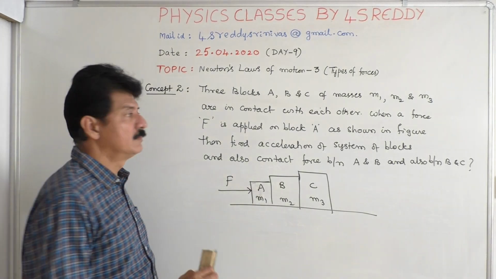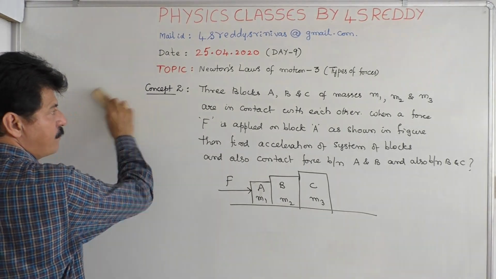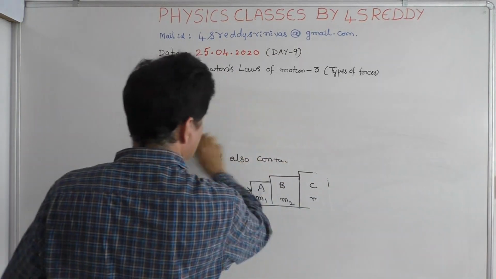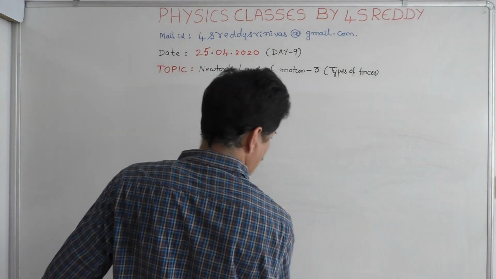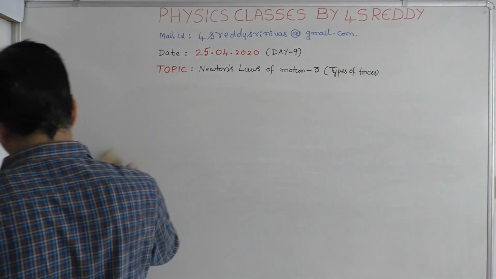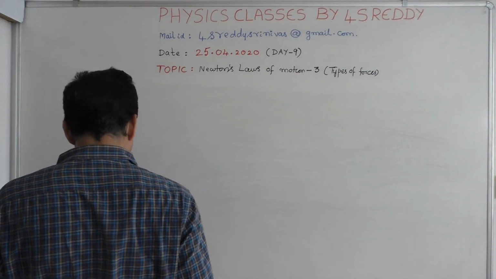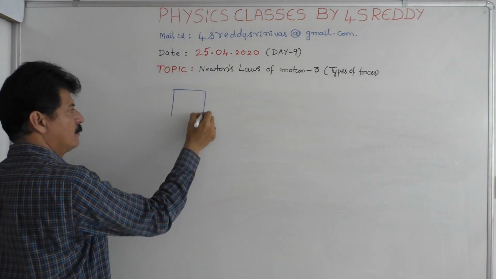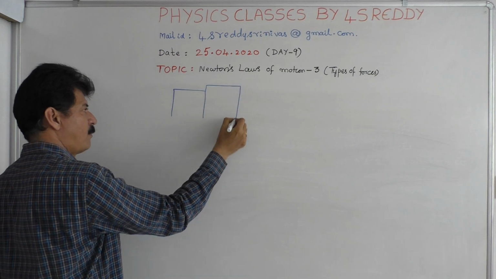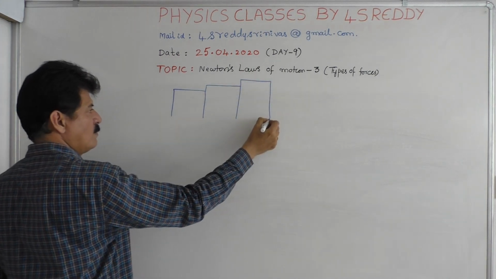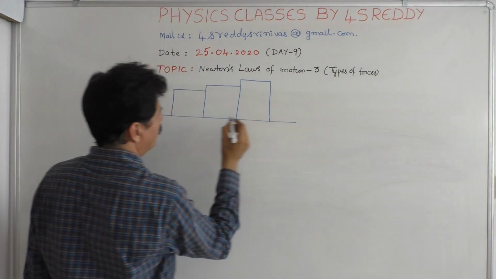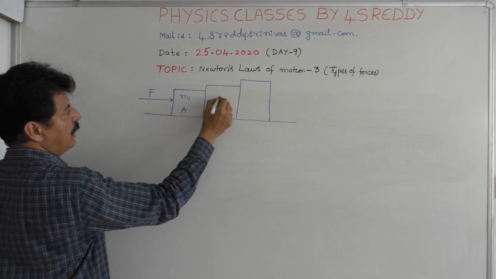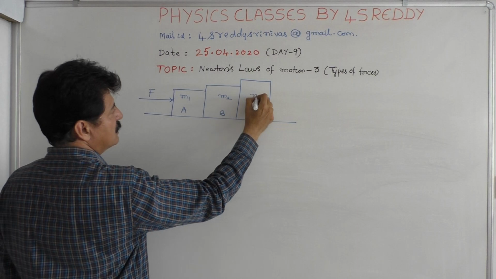Then what is going on here? This is what you are given. This is the force F. This is M1, A, M2, B, and this is C.